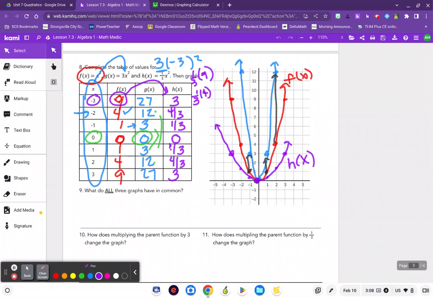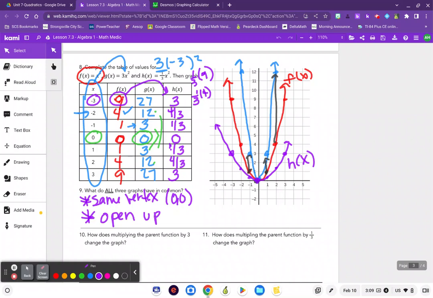So 9 says, what do all 3 graphs have in common? Well, they all have the same vertex, and that vertex is (0, 0). So there was no shifting. There was no moving up or down or left or right because that vertex is still in the same spot. I also noticed that they all open upwards.